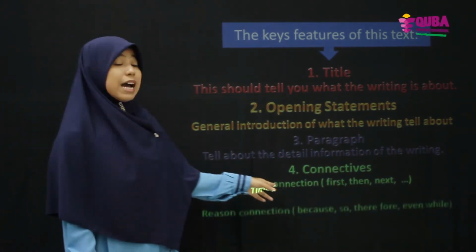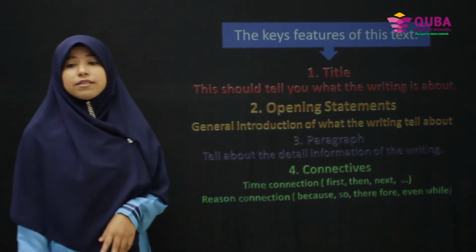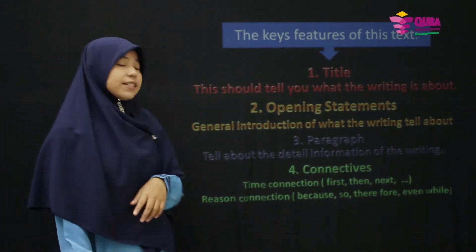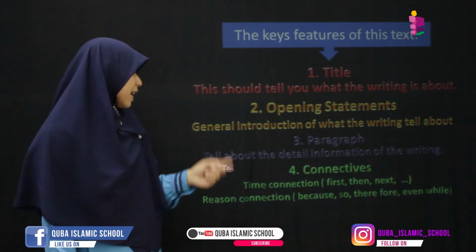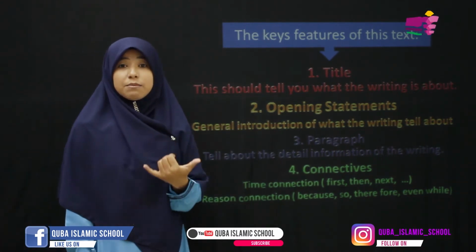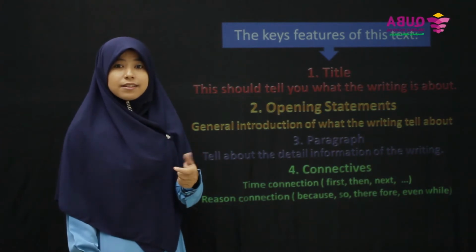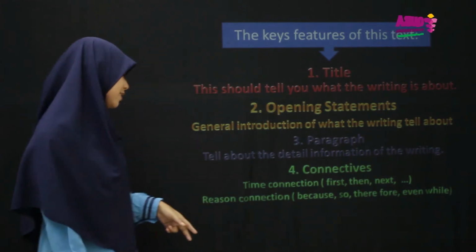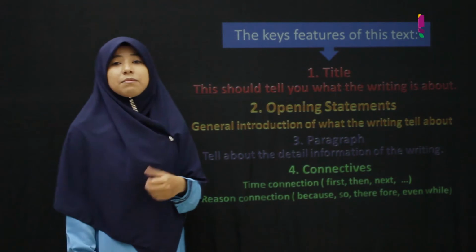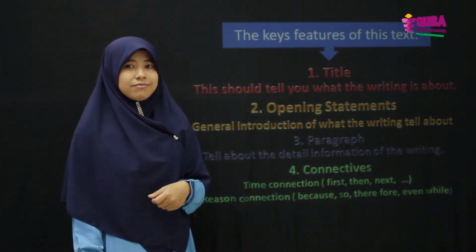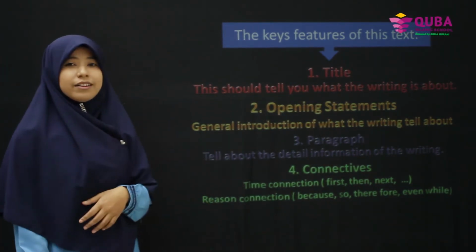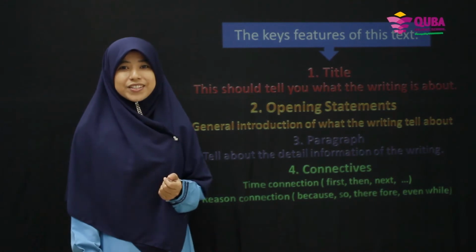The first one, time connectives, and the second one is reason connectives. Okay, time connectives is like time signal, like first, second, then, next, the last, like this. And reason connectives like because, so, and therefore, even while, and the others.